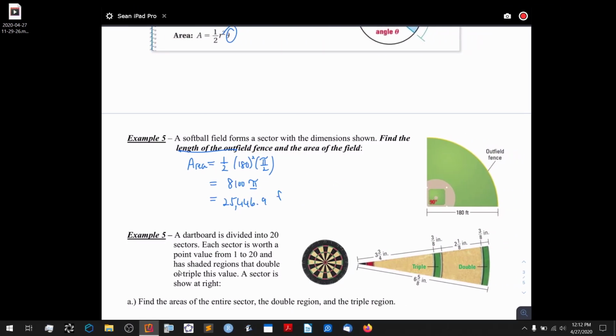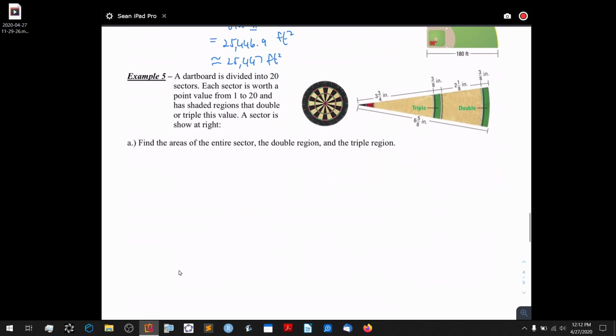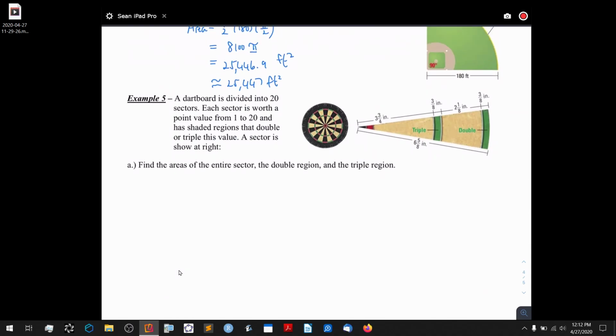So if you were buying stuff at a store, you'd probably just go 25,447 square feet, something like that. And you'd probably actually buy a little bit more than that. But at least you have a very accurate idea of how much grass you would need to cover that field.